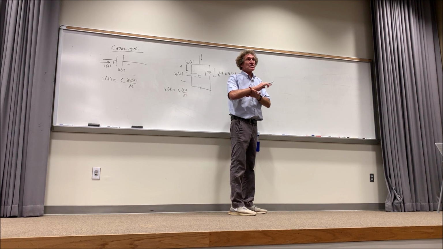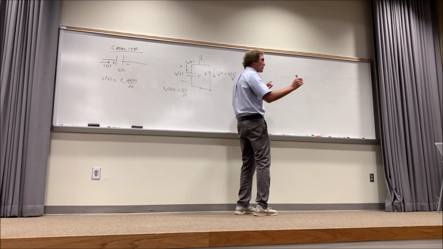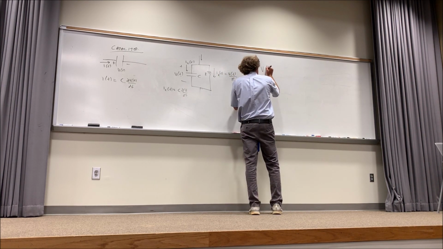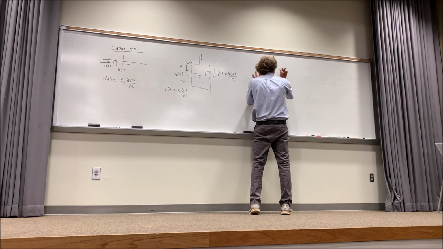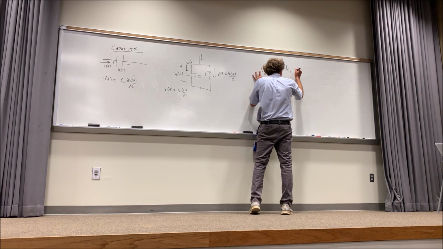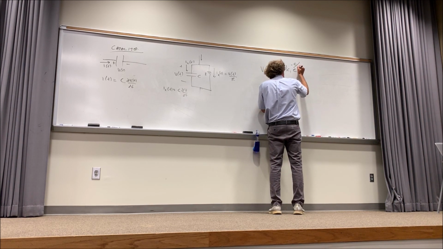If it's a transient problem where the voltages are either on or off, and I'll show you what I mean by that, write this equation down. In general, your solution for the voltage across the capacitor will be equal to sum K1 e to the minus t over, and then put R Thevenin here times C. I'll get to that.